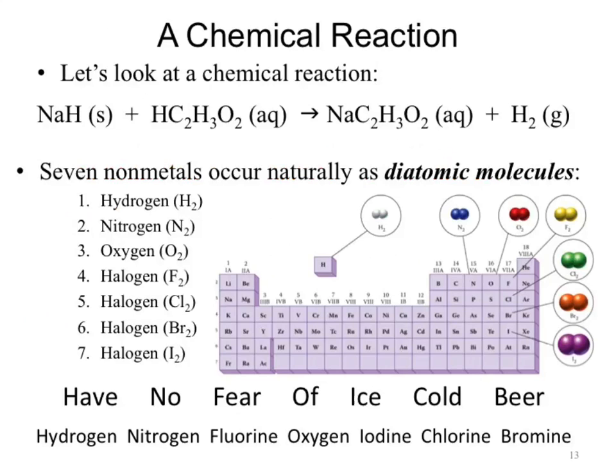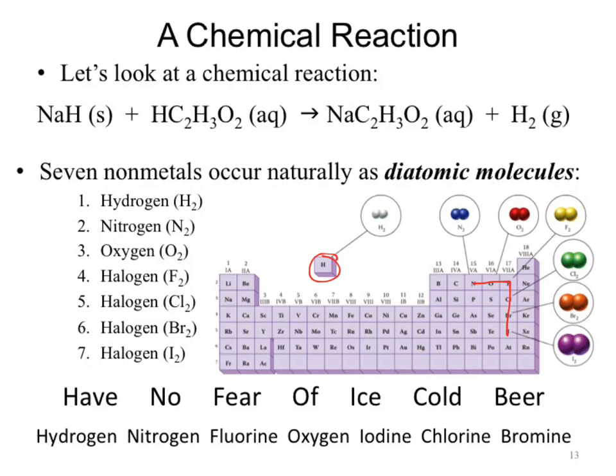A couple memorization techniques. We've got the list there: hydrogen, nitrogen, oxygen, and the halogens: fluorine, chlorine, bromine, and iodine. There are 7 of them. So a couple ways that I could suggest this. We have hydrogen plus 7. See the little 7, right?